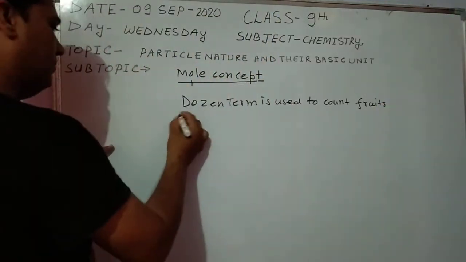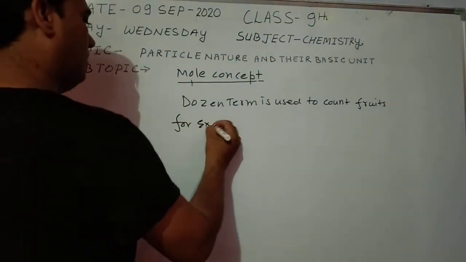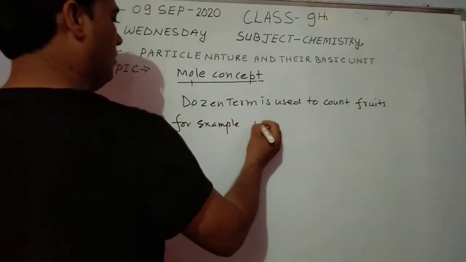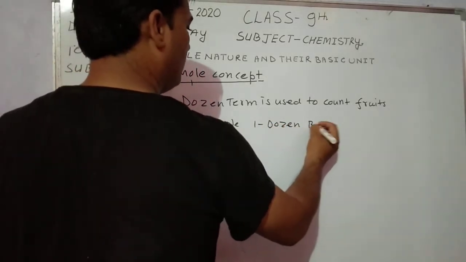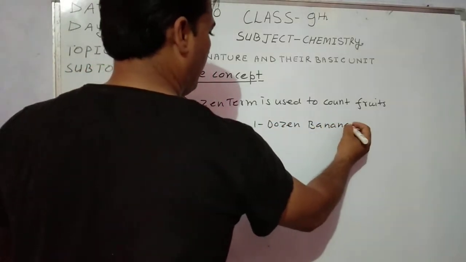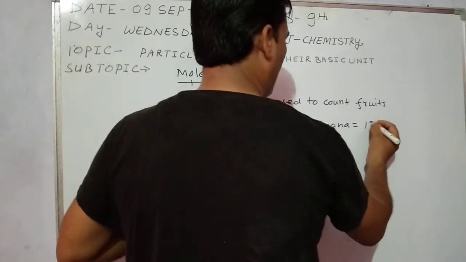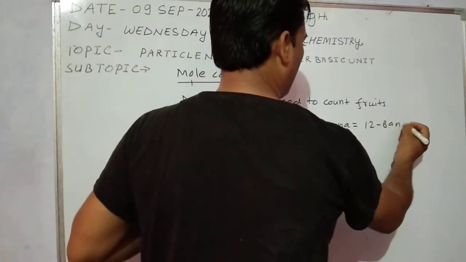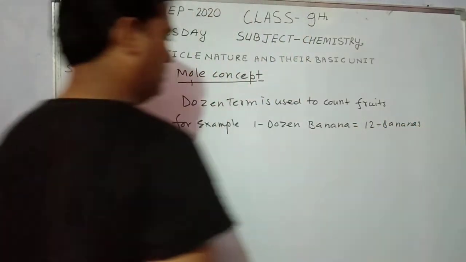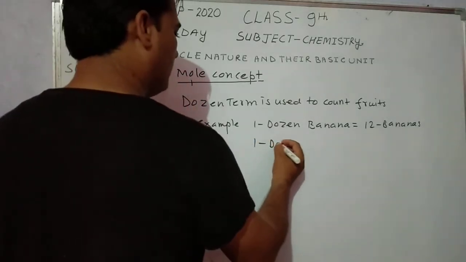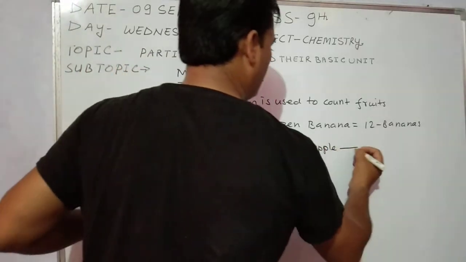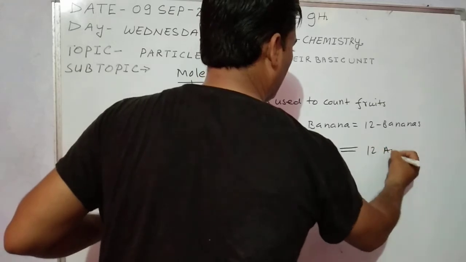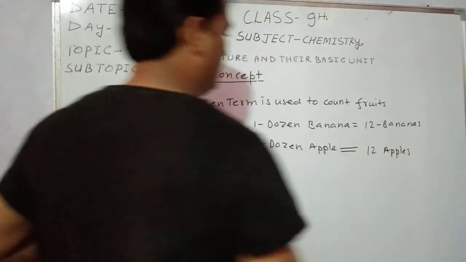For example, 1 dozen bananas is equal to 12 bananas. 1 dozen apples is equal to 12 apples.